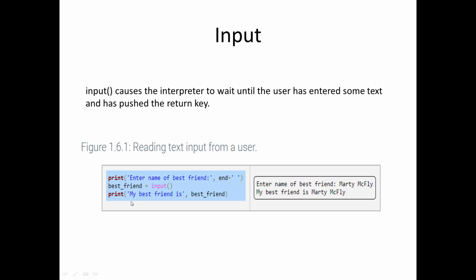Then we're going to print my best friend is, and then the variable name that we got from the input statement. Now here, apparently the user entered Marty McFly. Okay, here's where we enter the input and put it in the variable. Here's where we print the variable.